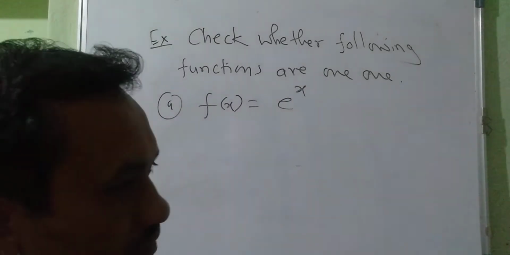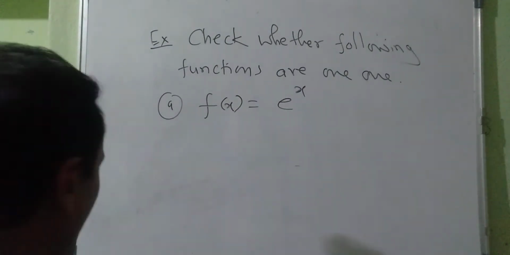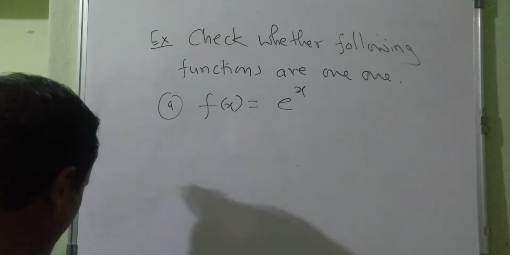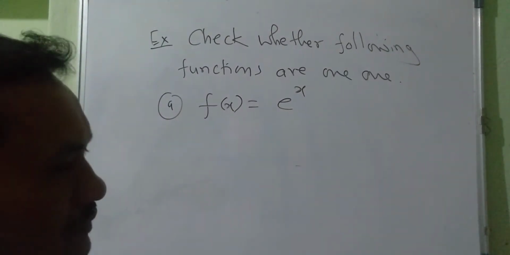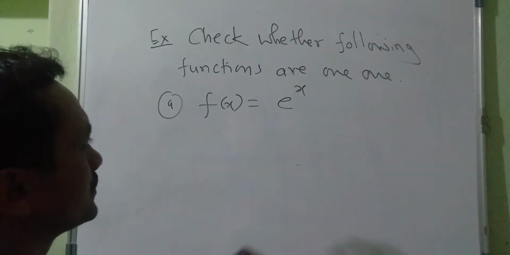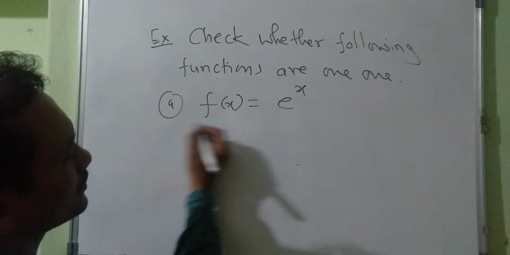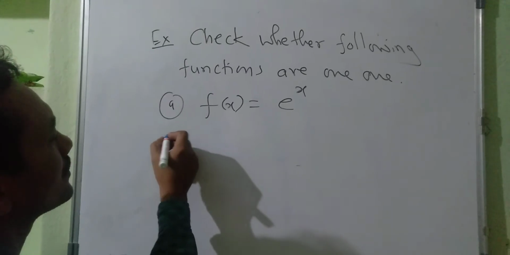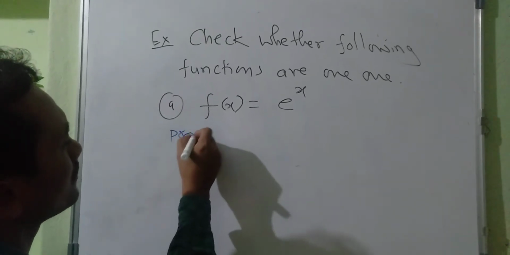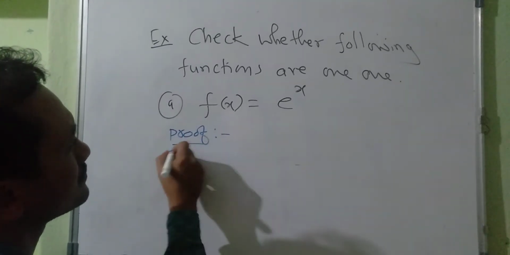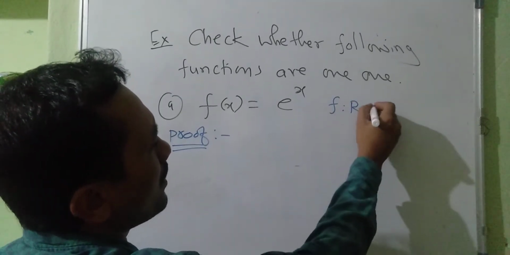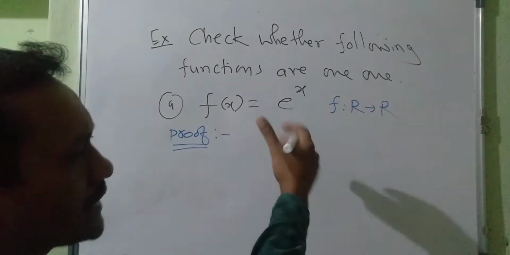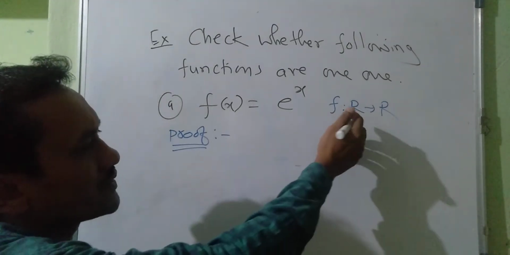It's an exponential function. Whenever such a function is given, x comes from real numbers and e raised to x also comes from real numbers. We will check for 1-1. So proof. Here the mapping is from R to R.